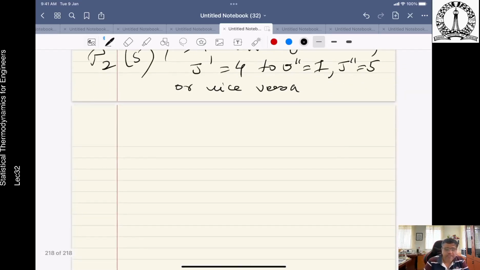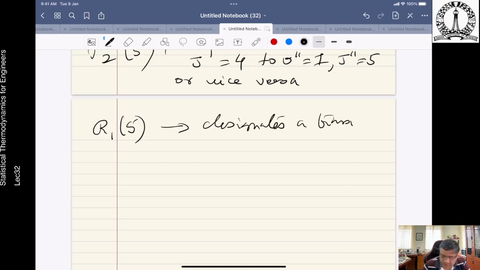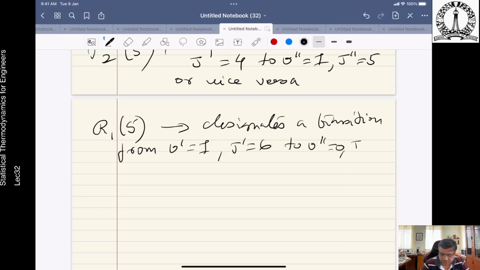Similarly, if we write R1,5, this designates a transition from V prime equal to 1, J prime equal to 6, to V double prime equal to 0, J double prime equal to 5, or vice versa.